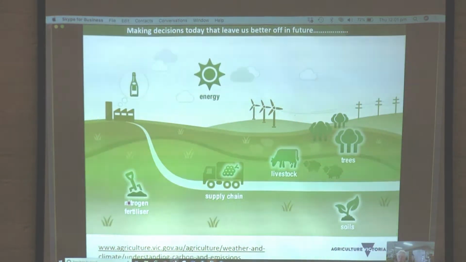These are all action areas on farms for improving, dealing with both climate but also understanding the emissions and carbon side of things with each of them.